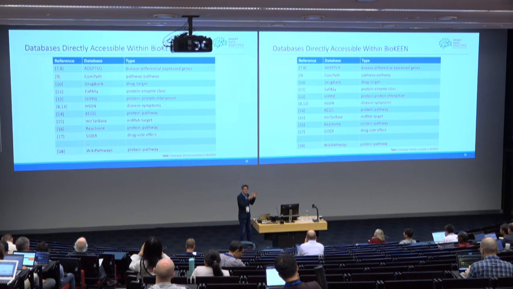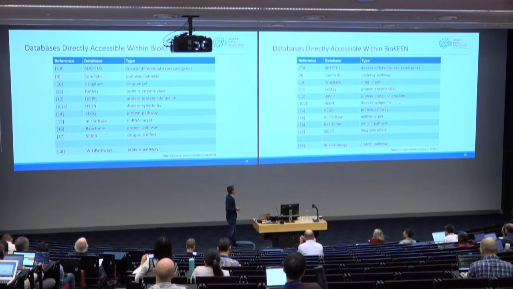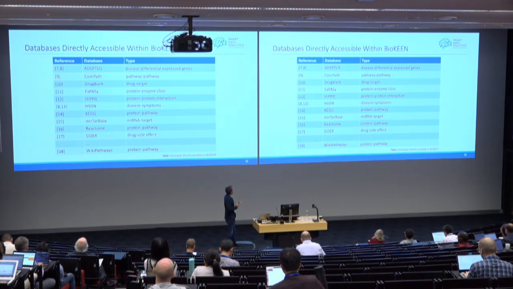PyKeen is the general machine learning framework. BioKeen is the extension of it, which was designed for the biomedical domain. And these are some of the databases that are directly accessible through BioKeen. We have different kinds of knowledge graphs, for example pathway interaction, drug targets, protein pathway. So these can be directly accessed through our software.